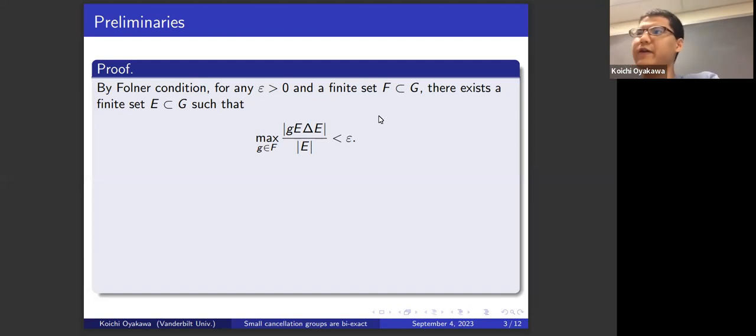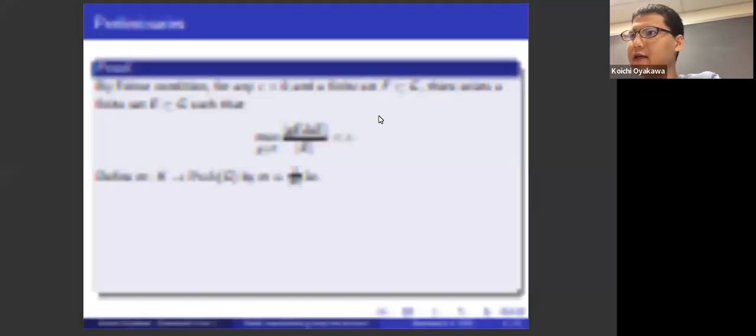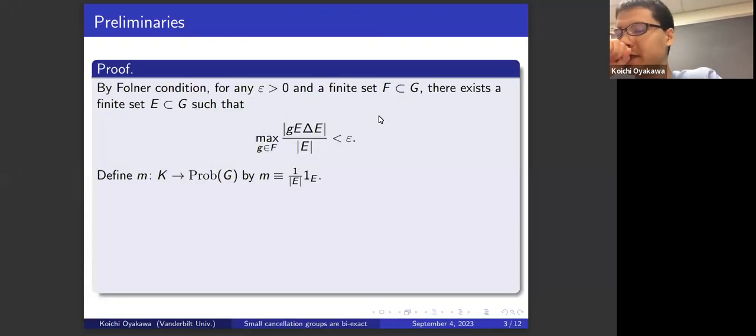So the symmetric difference is very small with respect to the original size of the set E. This set is called a Følner set. Then we can define a map from the compact space to the probability space as a constant map. For any point of the compact space, we assign a probability measure that is an average of the characteristic function of the Følner set.